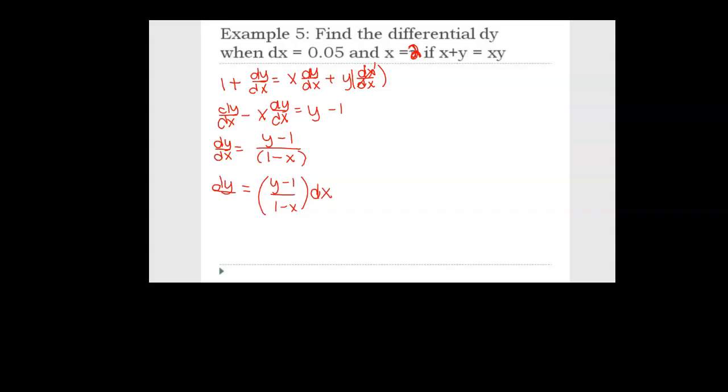The second problem is I know x and I know dx, but I don't know y. And now my dy has a y in that final answer. So we have to go back to the original and plug in 2 and solve for y.